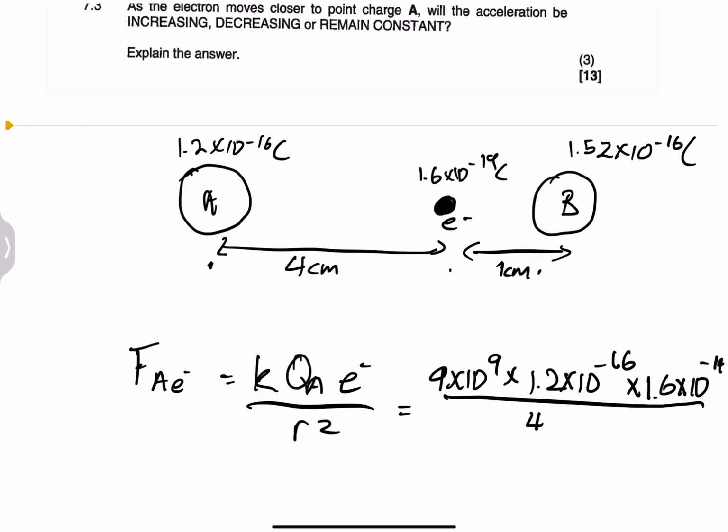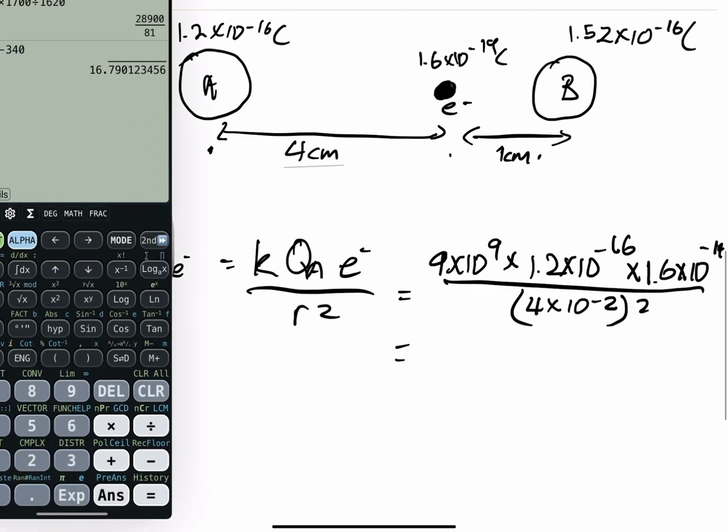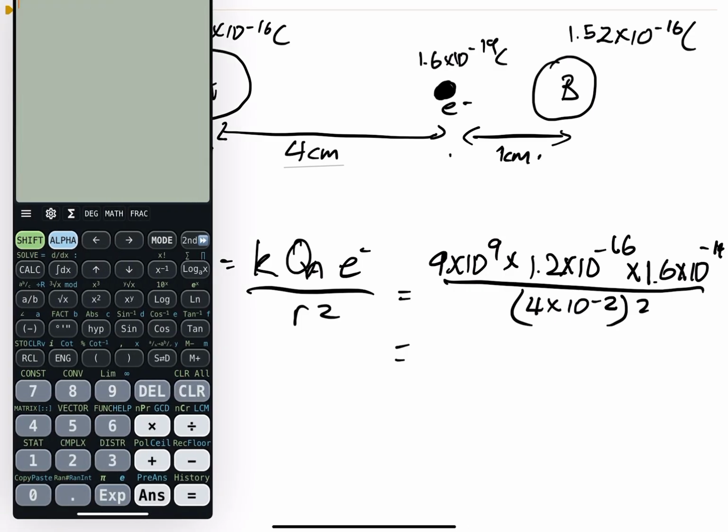So that's going to be, remember, centi you divide by 100. So you say 0.04, or you can say 4 times 10 to the exponent negative 2. But remember, you must square that distance. Okay, so let's find that value there.